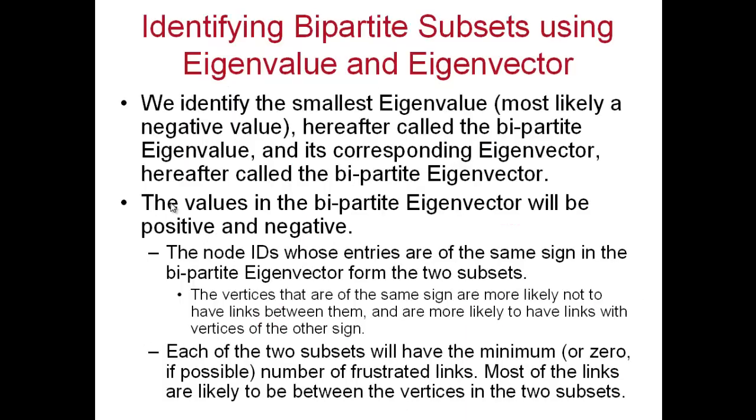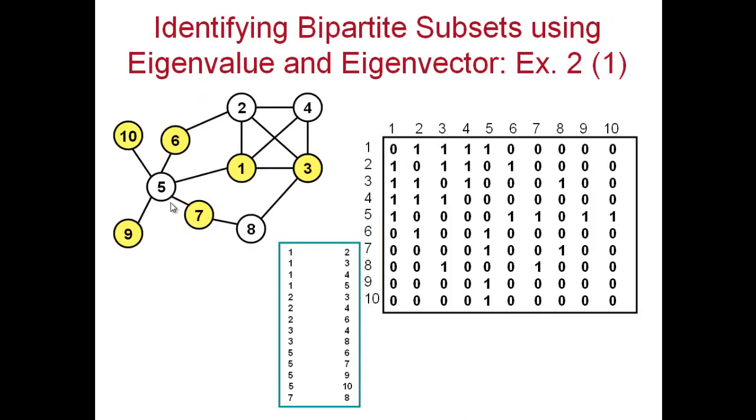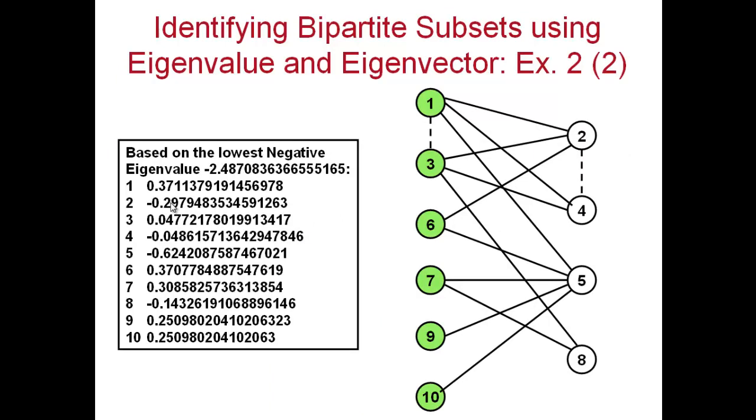Okay. So again, for any graph you could come up with two partitions, but using this approach, you are going to find the optimal partitioning of the graph into two partitions, such that you have as few frustrated edges as possible between vertices in the same partition.